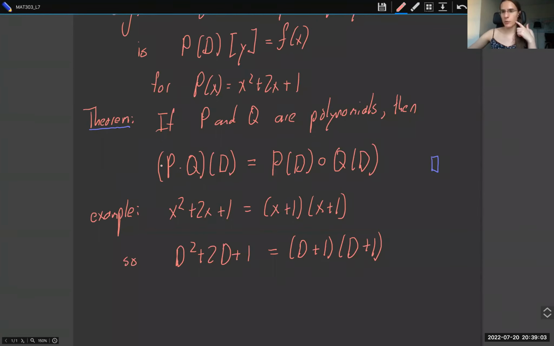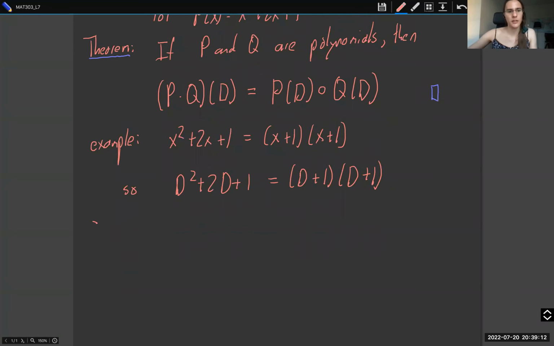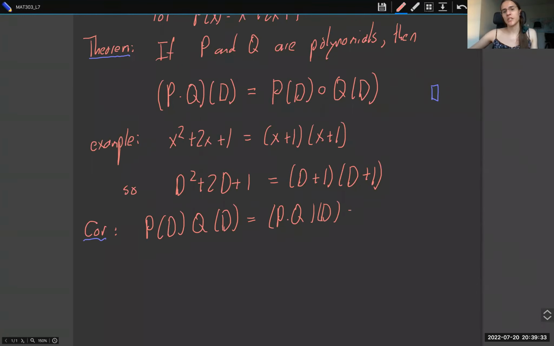And multiplication of polynomials is commutative, therefore these operators also commute with each other. As a corollary, since multiplication of polynomials is commutative, P(D)Q(D) equals (PQ)(D), which is the same as (QP)(D), so that's Q(D)P(D).